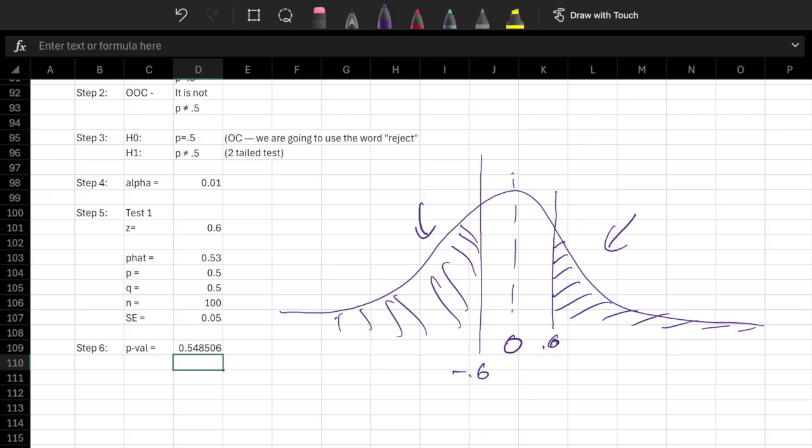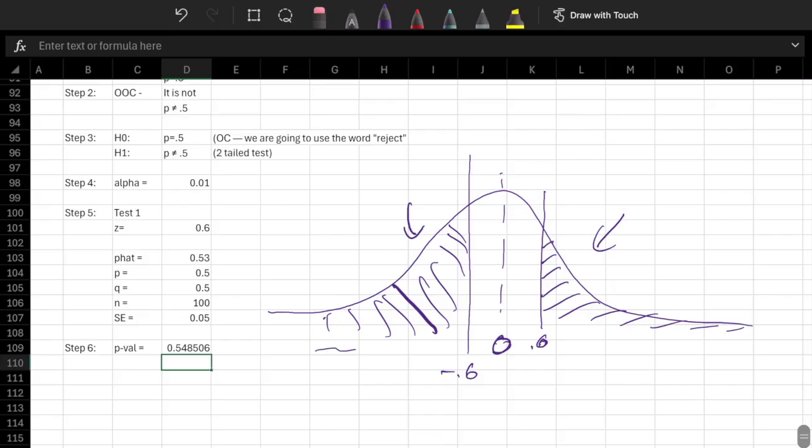Remember, these are z-scores, so the mean of the z-score is actually 0. So I put in negative 0.6, and I get the area to the left, and that's this right here, and then I double it to get both areas. All right, so that is my p-value.